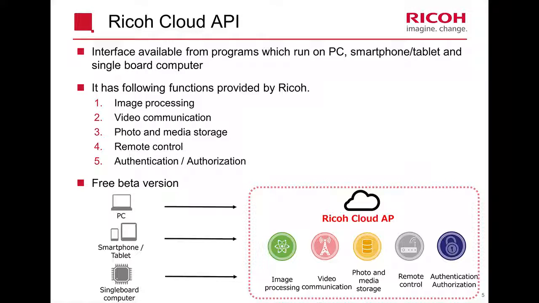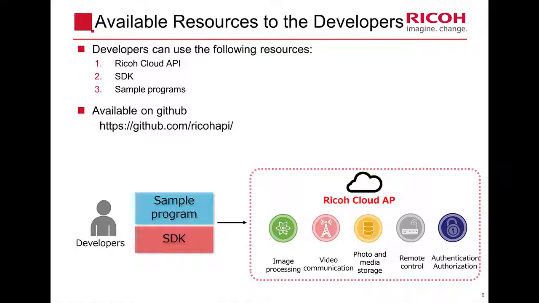It is an API provided by RICOH: image processing, video communication, photo and media storage, remote control, authentication, and authorization. These are provided as free beta versions available to any contestant. There are available resources to the developers as follows: Cloud API, SDK, sample programs.